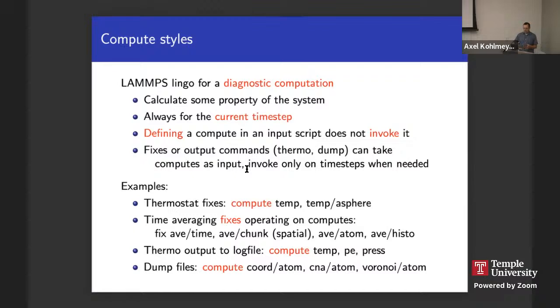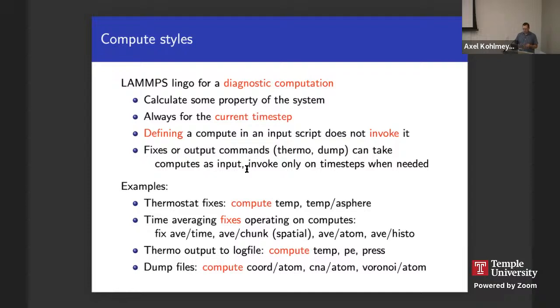So again, you have to use this in either the log file thermo command or in some other file or fix. There's also time averaging fixes such as fix ave/time, fix ave/chunk, which is like a binning or a spatial averaging, and fix ave/atom, which is averaging over per atom data, as well as ave/histo, which is for histograms.